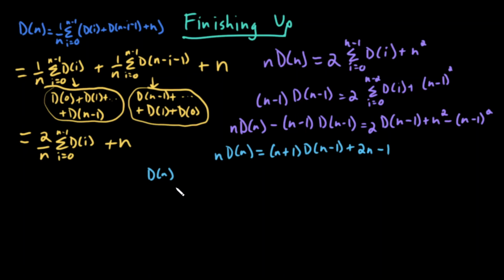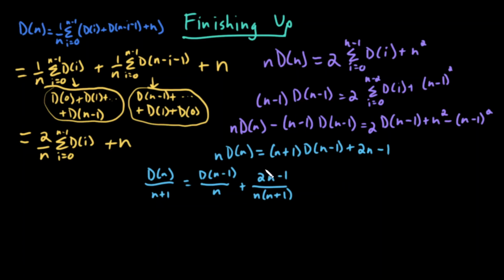of n over n plus 1 equals d of n minus 1 over n plus 2n minus 1 over n times n plus 1.